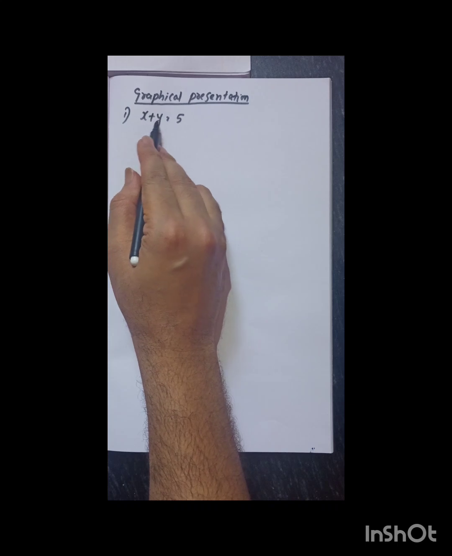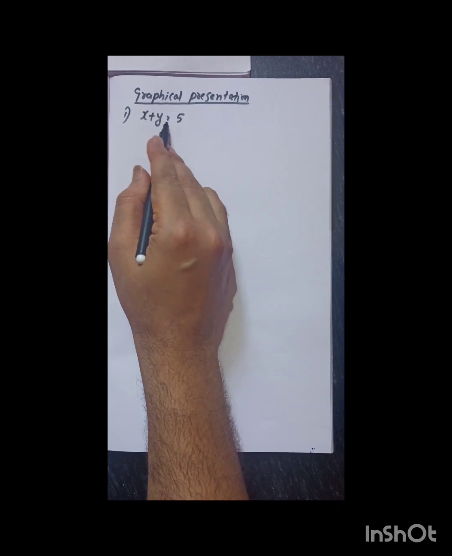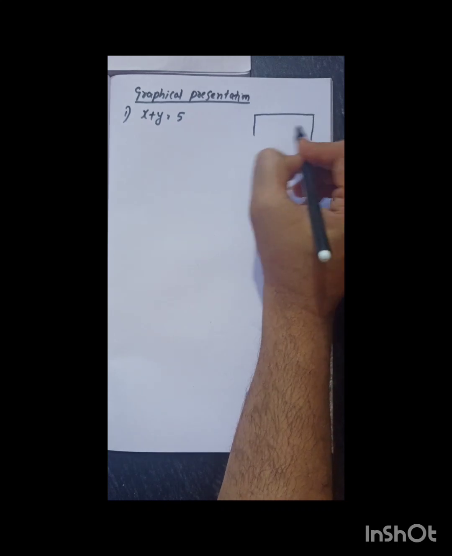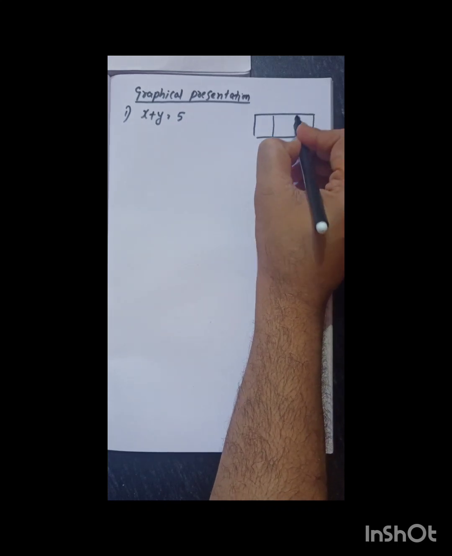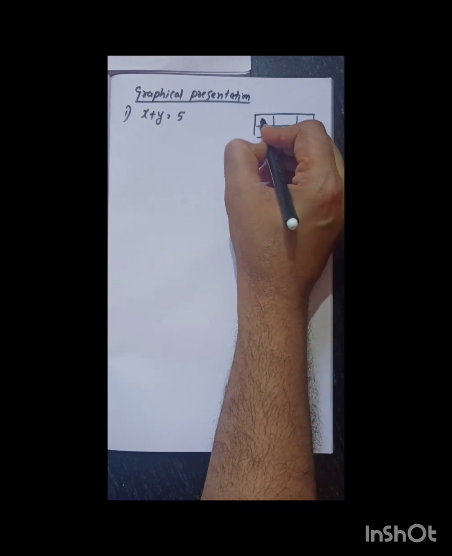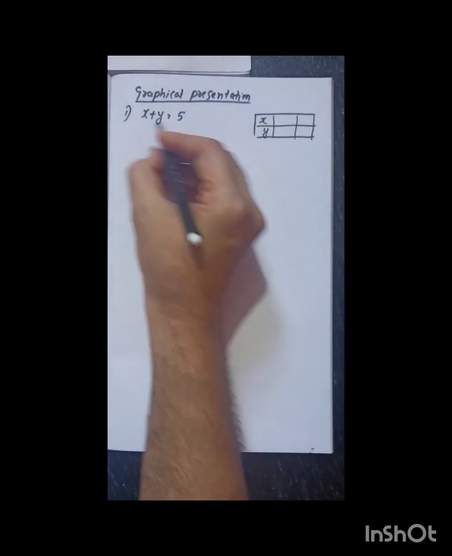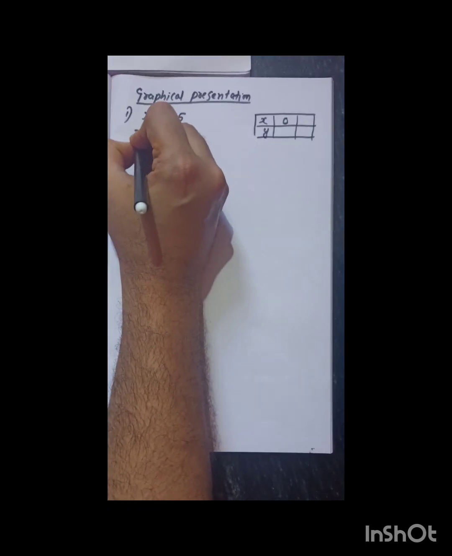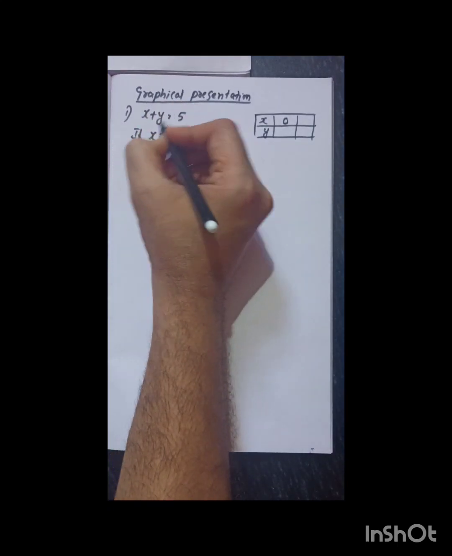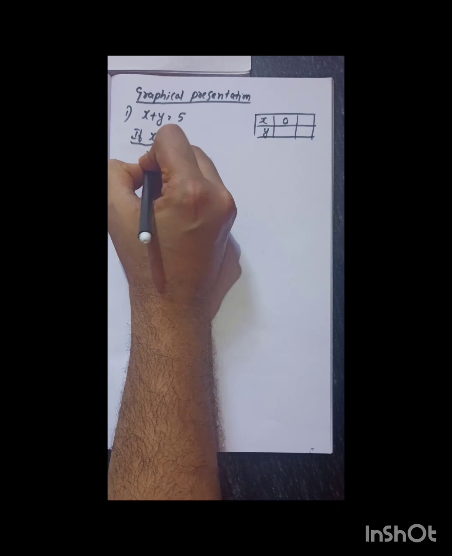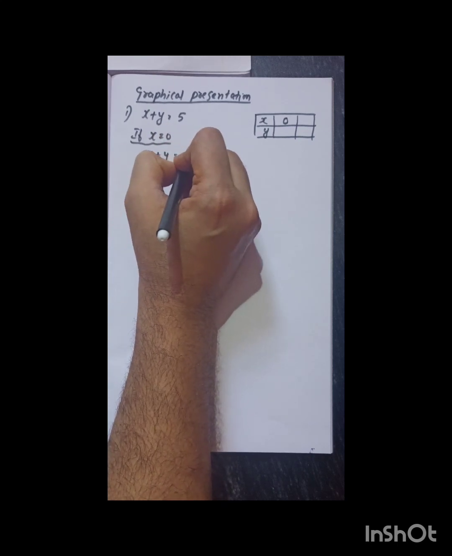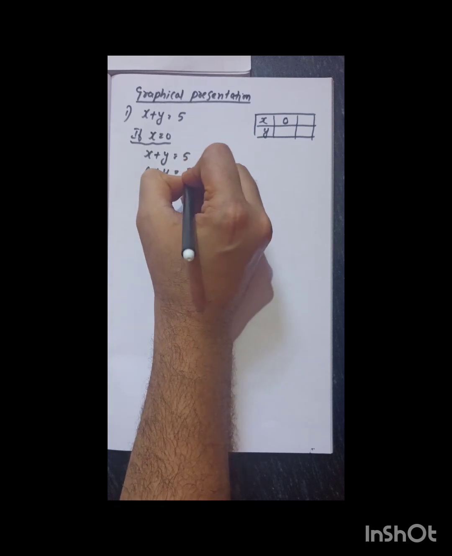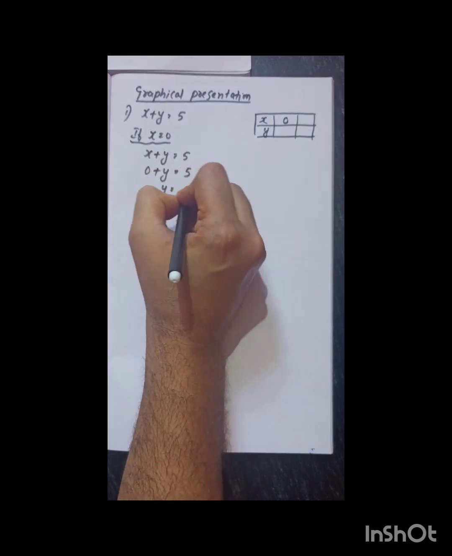The first equation is x plus y equals 5. Put the box for that: x, y. Put 0 to x. If x equals 0, x plus y equals 5, x is 0, so y equals 5.